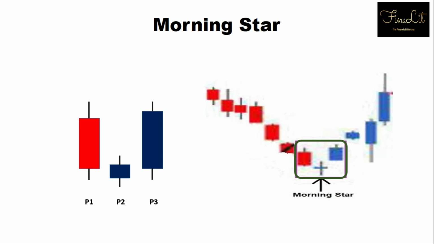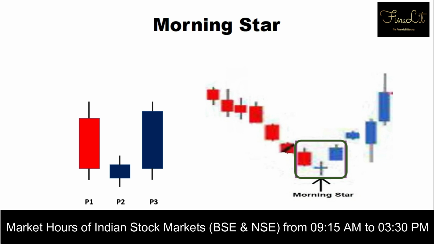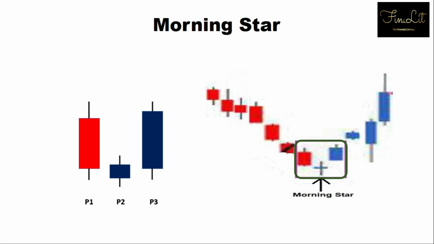P3 opening should be a gap up, plus the current market price at 3:20 p.m. should be higher than the opening of P1. Morning star is a bullish pattern which occurs at the bottom end of a trend. The idea is to go long on P3 with the lowest low of the pattern being the stop loss for the trade.